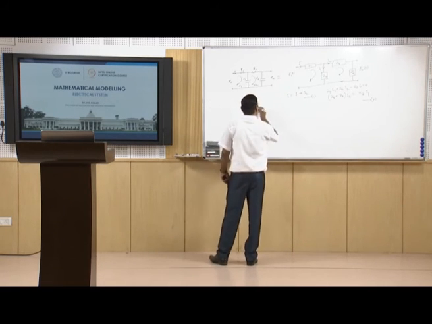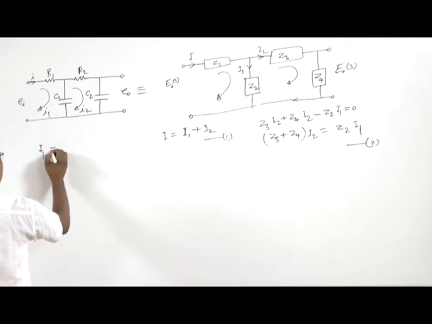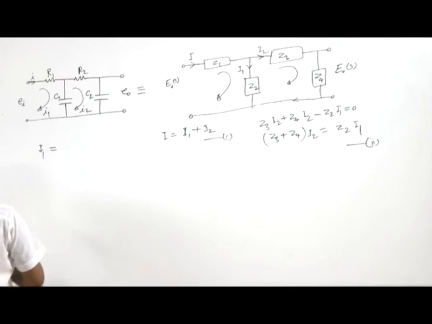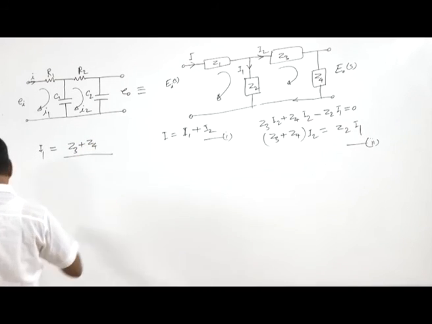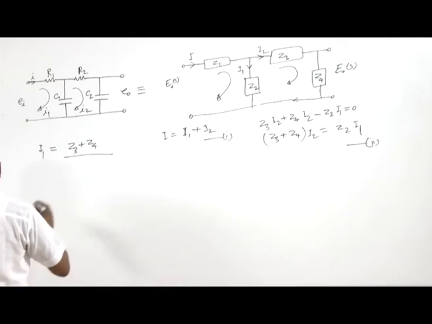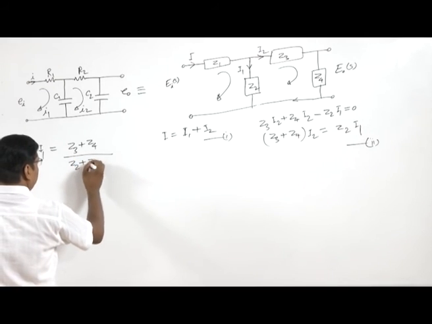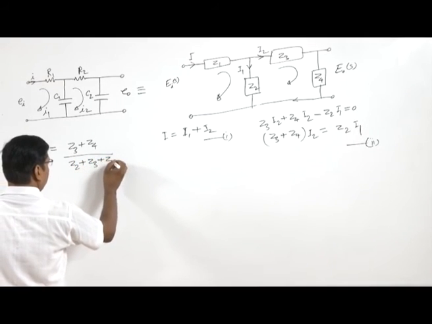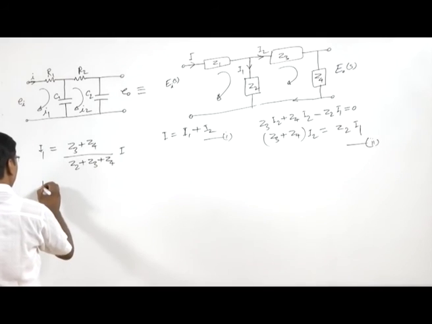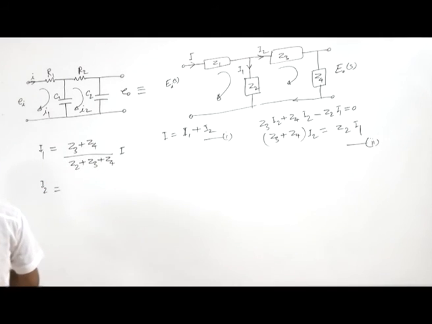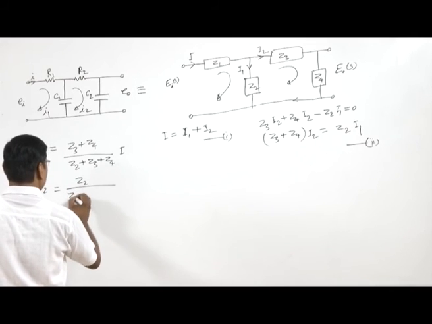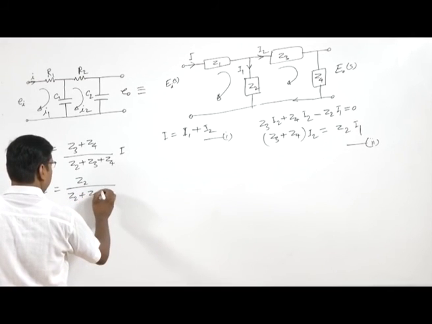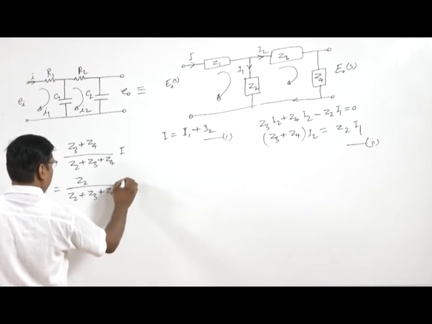So we solve these equations, we will find I1 equal to (Z3 plus Z4) upon (Z2 plus Z3 plus Z4) into I, and I2 equal to Z2 upon (Z2 plus Z3 plus Z4) into I.